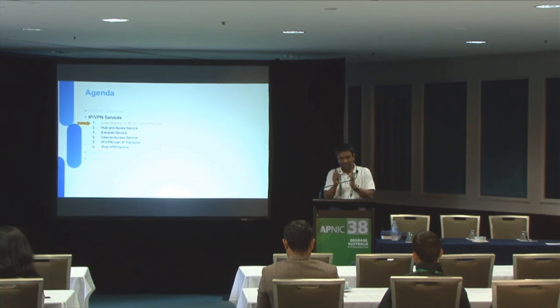Did you see the difference? RT in the control plane tells the other router which VRF the prefix belongs to. That's done. Control plane is done. When the packet comes, the packet doesn't have any RT. The packet only has labels. So when the packet goes to the other side, how does the other side router know which VRF it belongs to? That's why the VPN label is there.